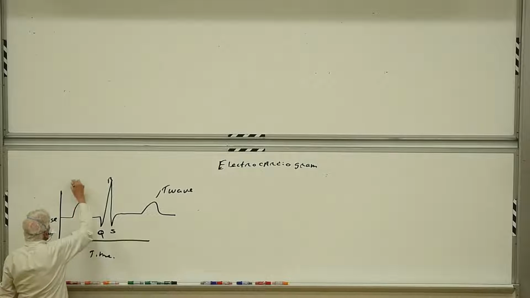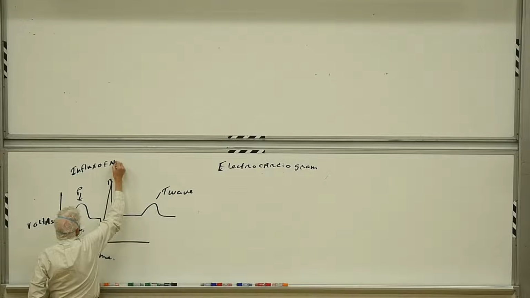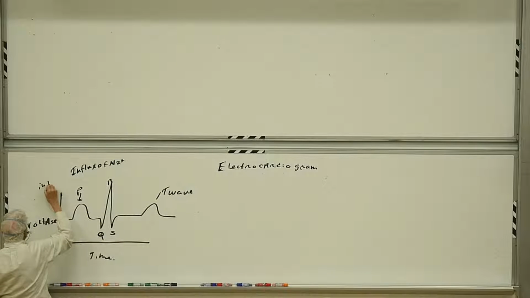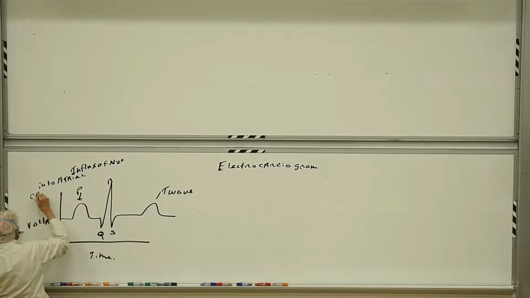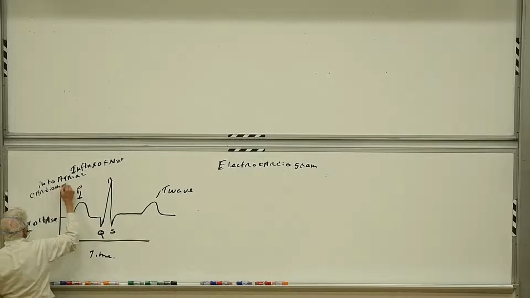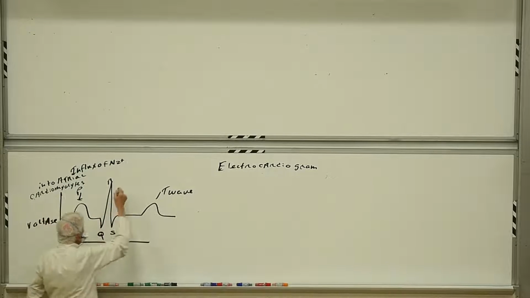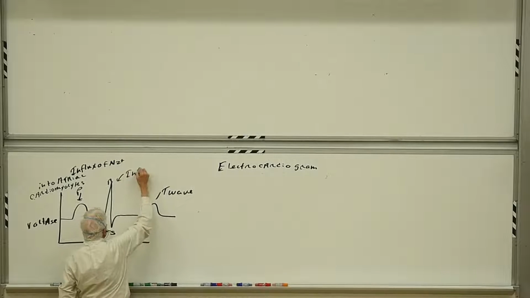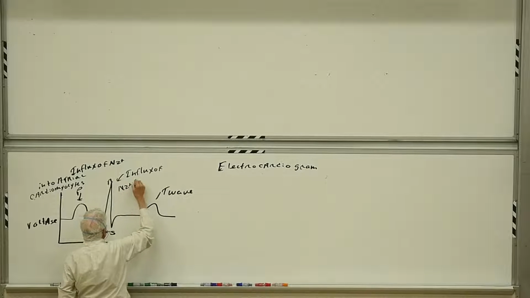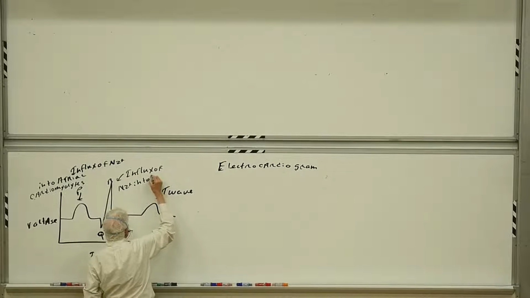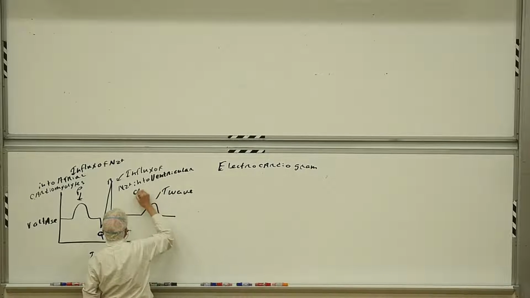This P wave represents the influx of sodium into atrial cardiomyocytes. This QRS complex represents the influx of sodium into ventricular cardiomyocytes.